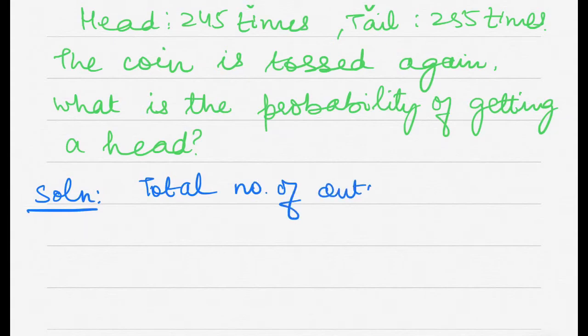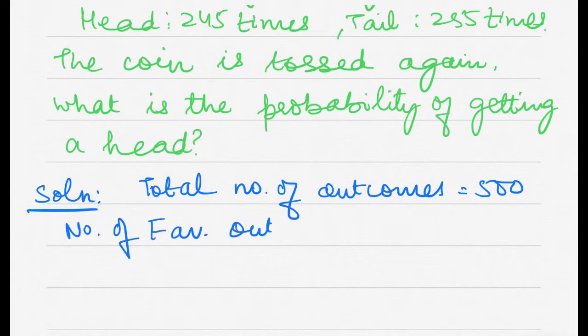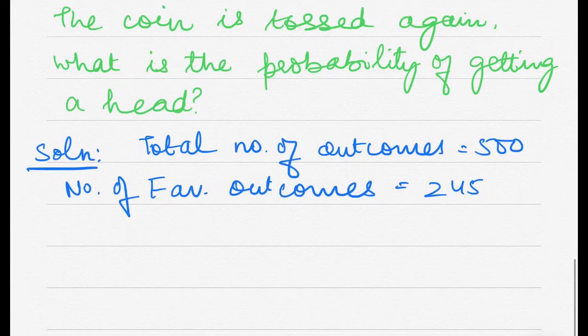Total number of outcomes are 500, given. Now my favorable outcomes here are for getting a head, so the number of favorable outcomes is 245, given in the question directly. So 245 times we are getting a head.